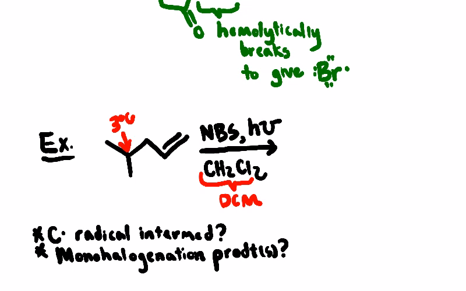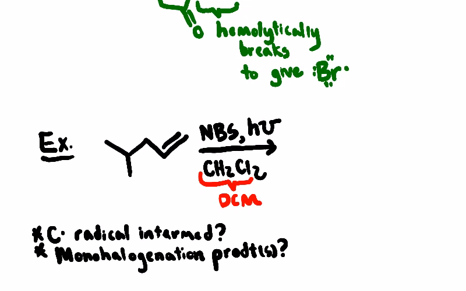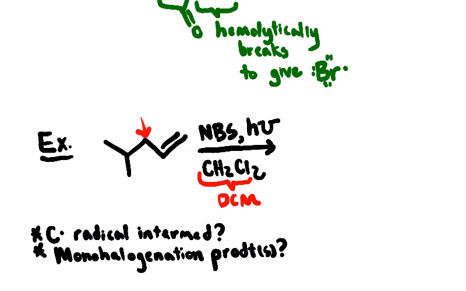However, the resonance stabilization at the allylic position is going to trump the stability that is gained by carrying out the reaction at the tertiary carbon. So the regioselectivity here is going to favor the allylic position being the location where we're going to form that free radical.